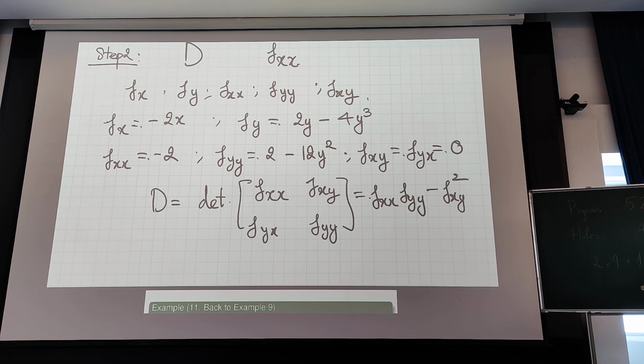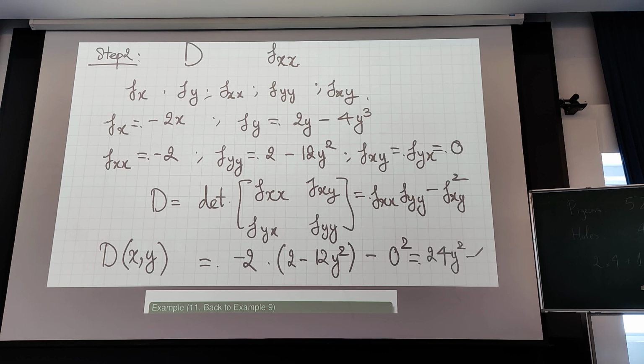And just substitute the above values of the second order partial derivatives. For the general point (x, y), this discriminant takes the value: fxx is minus 2, multiplied with 2 minus 12y squared, minus 0 squared. And we have here 24y squared minus 4.